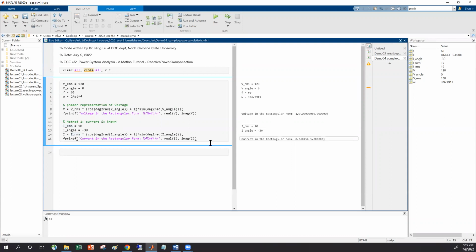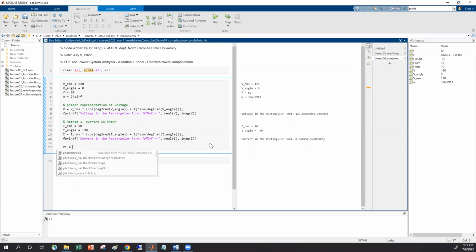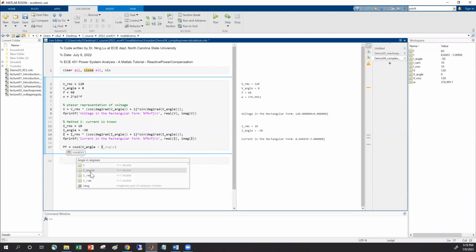Okay, so if I know these, I can calculate the power factor, right? The power factor is simply cosine of V angle minus I angle, because right now I'm using angle. Just like that.